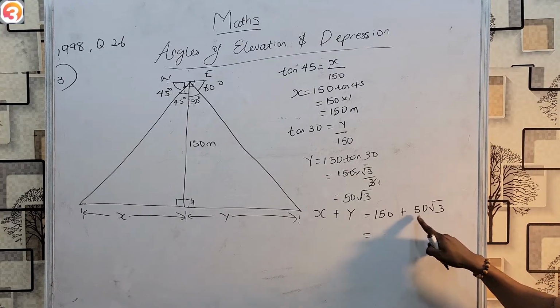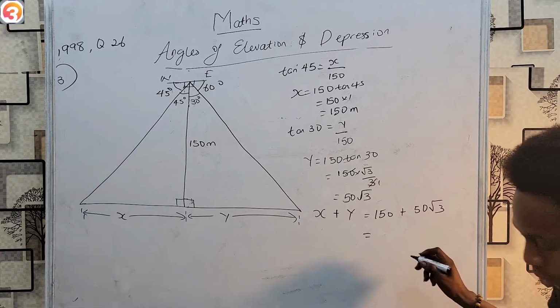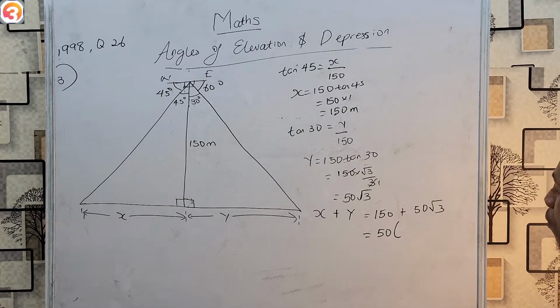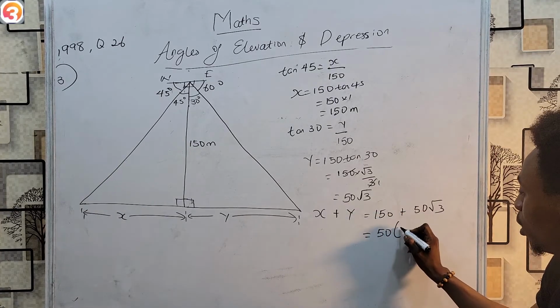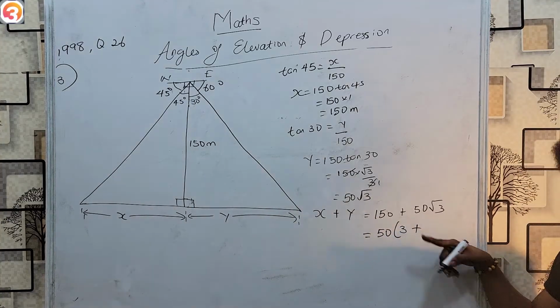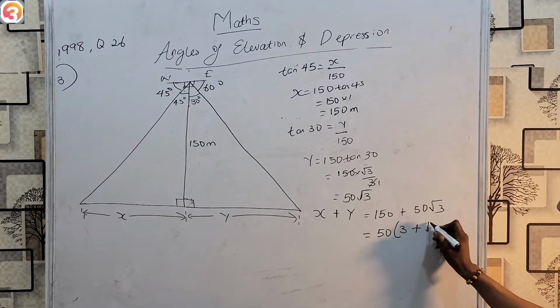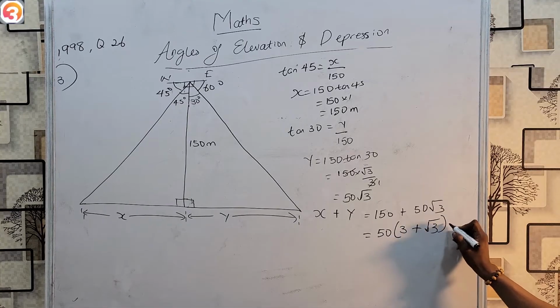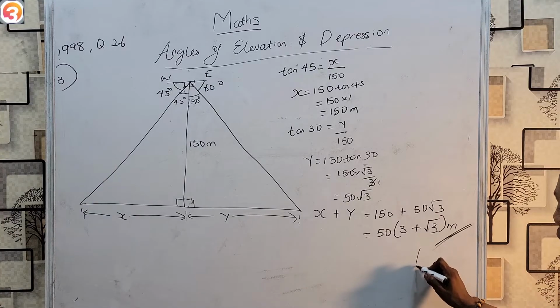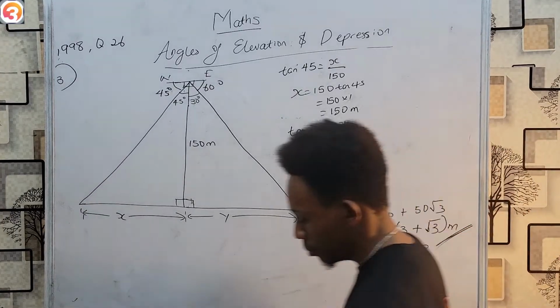Between 150 and 50, what do they have in common? They both have 50 in common. This will be 50, open bracket. What's remaining here? 3 plus, and removing 50 from here, that's 1. We have root 3 here, meters. And that is option B.